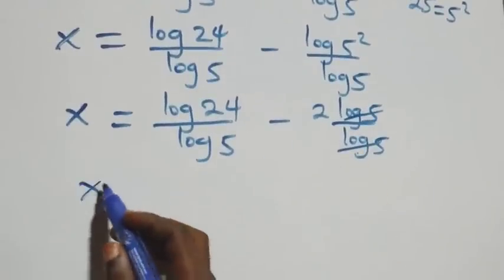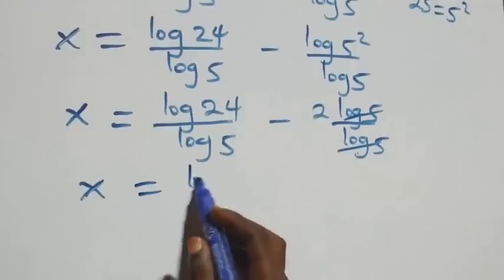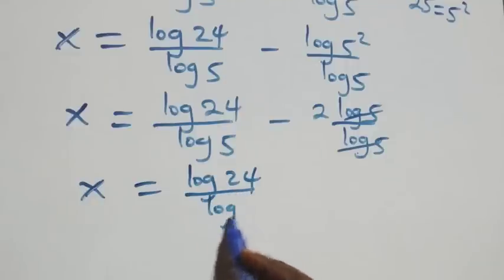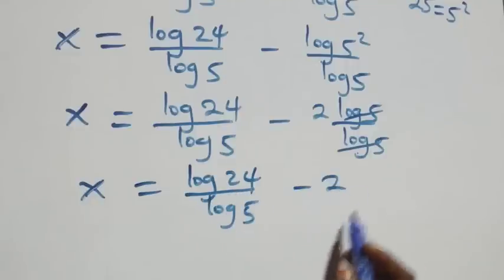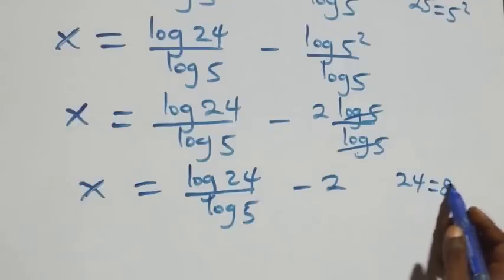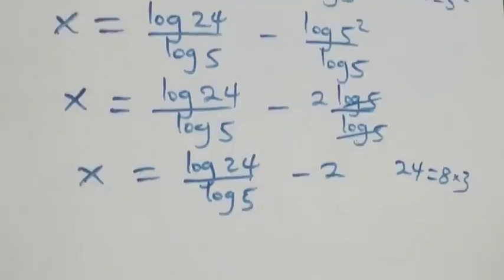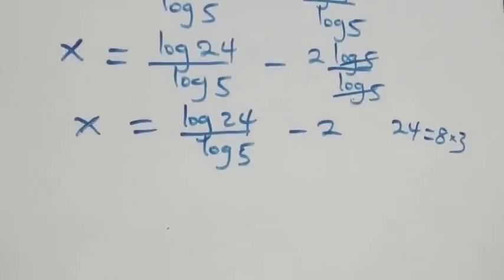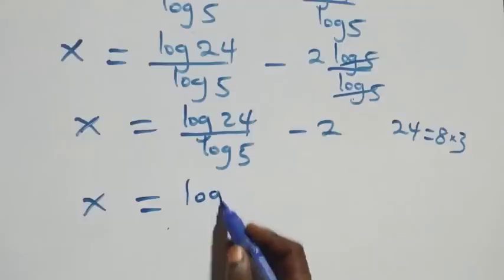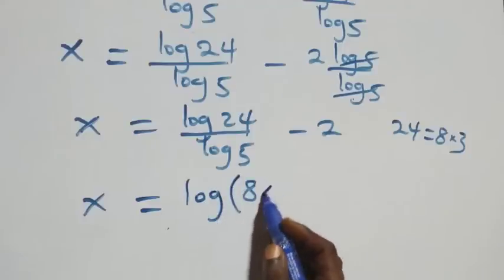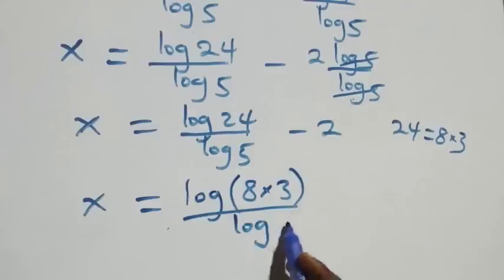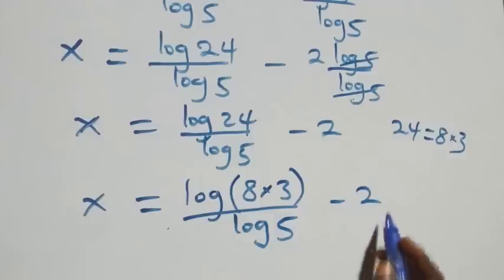And we have x now equals log 24 over log 5 minus 2. That is, also here we can separate 24 as 8 times 3. Then what we have now becomes x equals log 8 times 3 over log 5 minus 2 here.